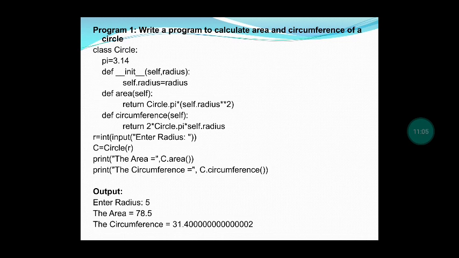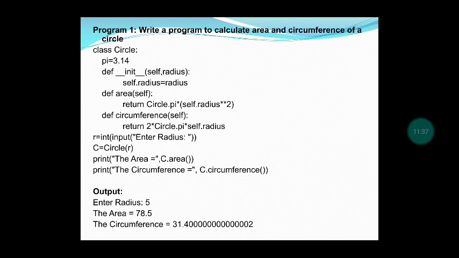And we are finding the circumference. What is the formula for circumference? 2 pi r. So how do we write this? 2 star circle dot pi star self dot radius, because radius is in the constructor. First we are getting the value for radius from the user. The radius value given is 5. After that we are creating the object c equal to circle of r.